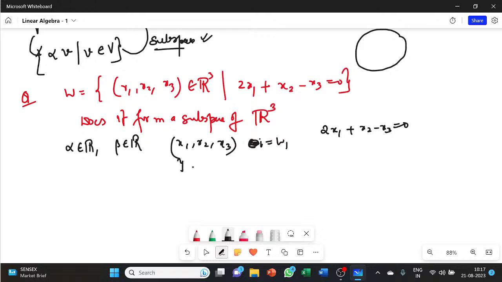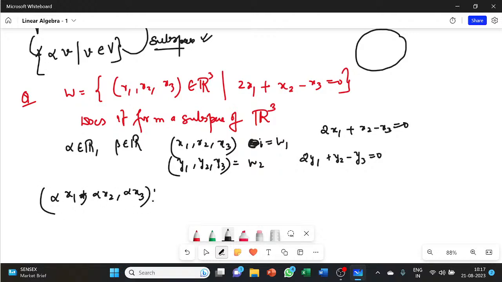And let us take another one, y1, y2, y3, also in W, so 2y1 plus y2 minus y3 is equal to 0. Is that clear? Now alpha times the first vector, which is alpha x1, alpha x2, alpha x3, plus beta times y1, y2, y3 equals what?